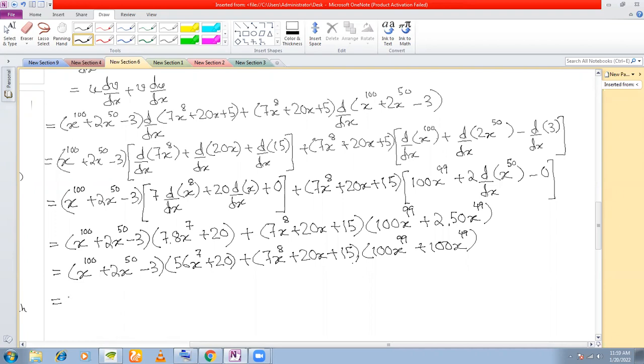Or you can multiply this entire thing and get this as 756x to the power of 107 plus 2020x to the power of 100 plus 812x to the power of 57 plus 2040x to the power of 50 minus 168x to the power of 7 minus 60.